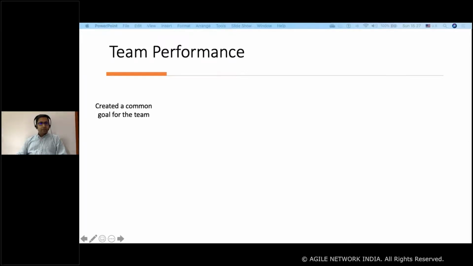Okay, we came up with a common goal for the team. So the focus was changed from team member performance to team performance, and that encouraged a star team of the month, rather than a star of the month. Small steps were taken.